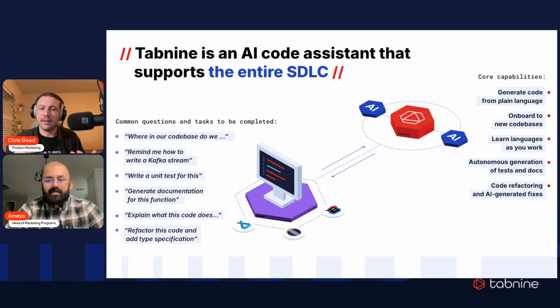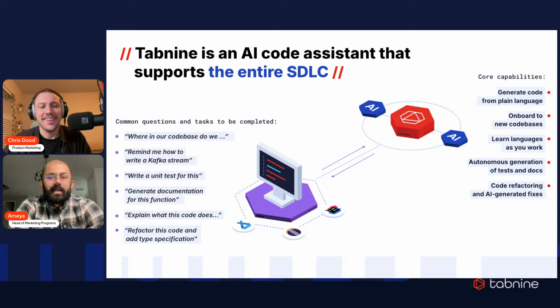AI code assistants can take plain language prompts and use that to explain code, generate code, refactor, fix code, answer general coding questions, or even help coach you along on a specific language or framework, as well as autonomously generate documentation and tests and those sorts of not fun things.